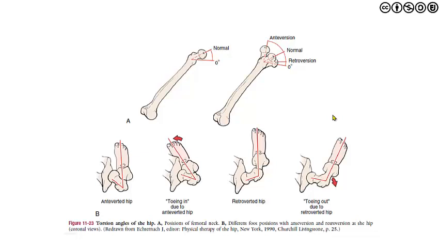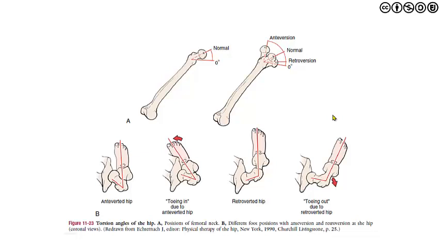So for example, if the hip is excessively anteverted, what ends up happening is the individual will oftentimes toe in in order to better align the center of the femoral head with the center of the acetabulum. So that is a compensatory motion or strategy that is adopted by the individual.